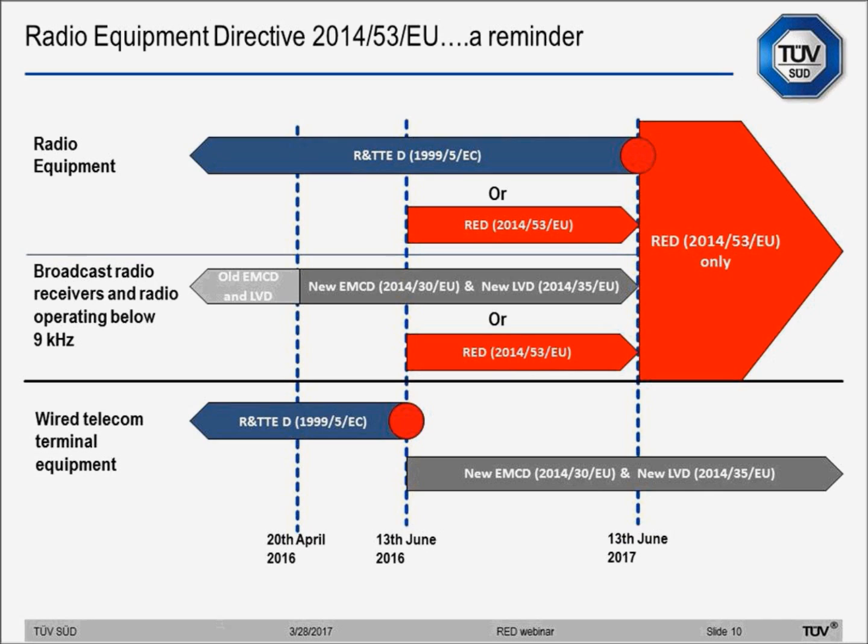In the same way, from the 13th of June 2017, these product types can only have compliance to the RED. And finally, the bottom timeline shows that line telecoms equipment has to already comply with the EMC directive and low voltage directive combined, as the transition period was for the RED applicable radio equipment.